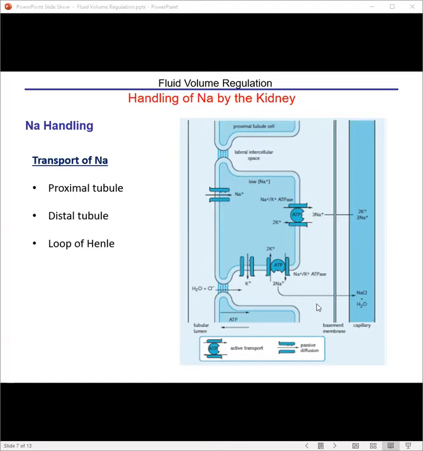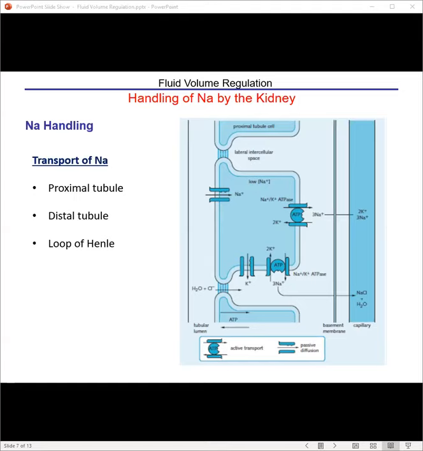In the early part of your proximal tubule, movement of other substances, for example your glucose, your amino acids and your phosphate, is coupled with your sodium transport in and out of tubule cells.